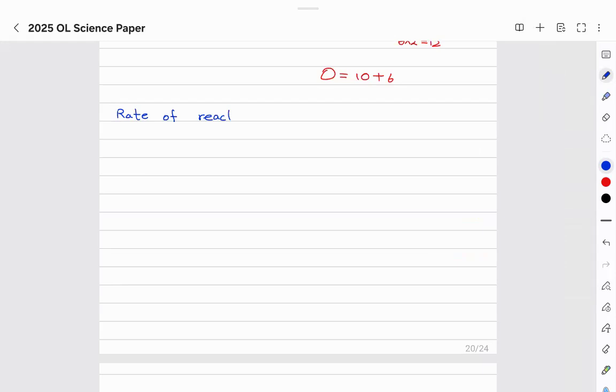Simply, we can say speed of chemical reactions is measured as rate of reaction. Right? We are using the symbol R for the rate of chemical reaction.